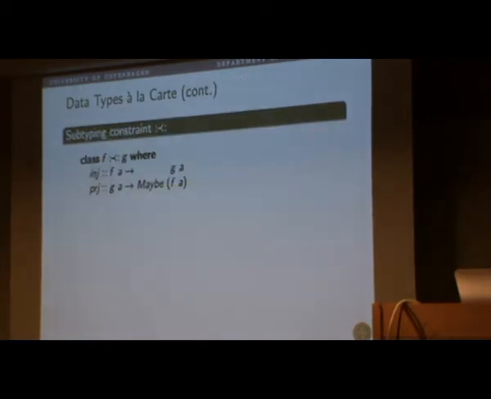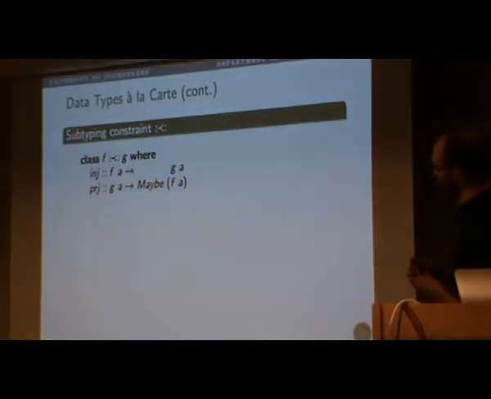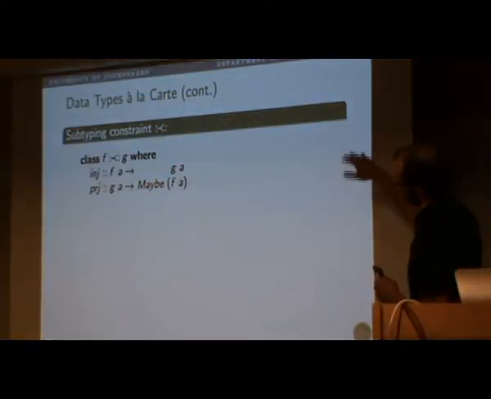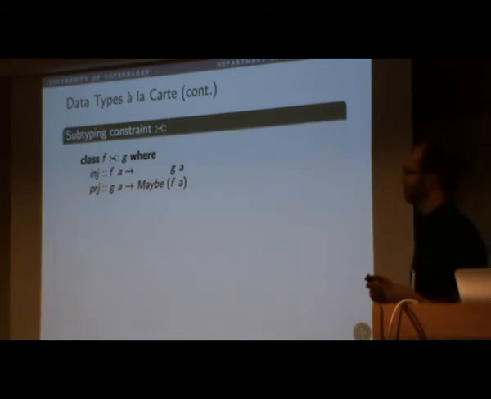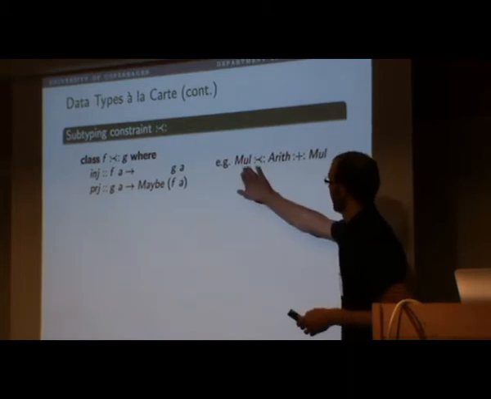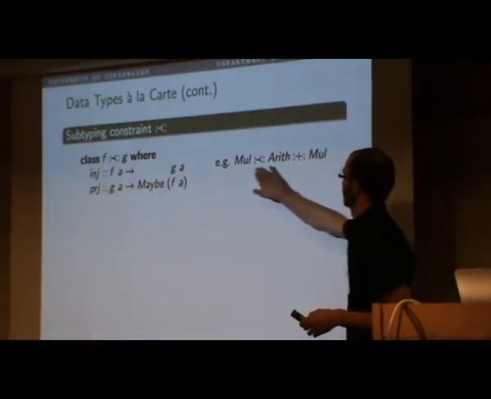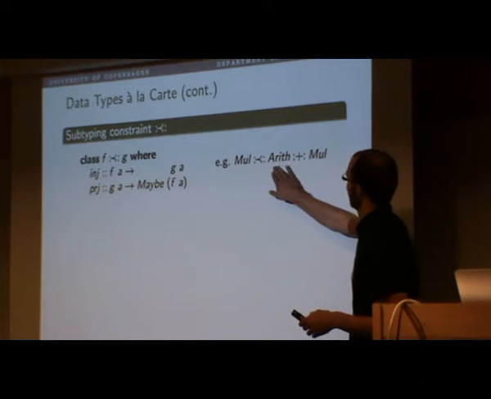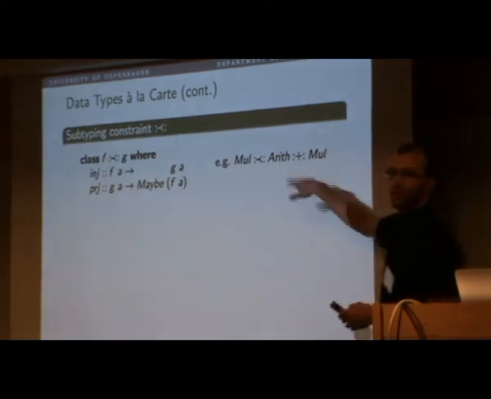Now, in order to make this work smoothly, Data Types à la Carte also comes with this subtyping, which says that functor f is somehow contained in the functor g. For example, what we want to have is that the functor Mul should be contained in, or subsumed by, the functor Arith plus Mul. It occurs here as a sum.